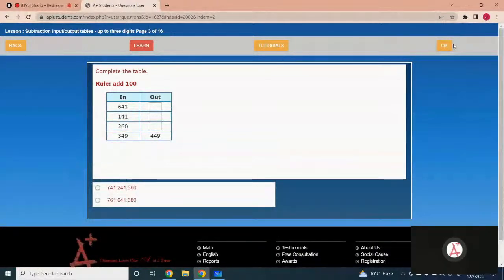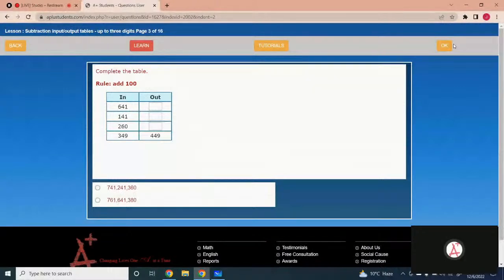Okay, which option is the correct one? Again, you have to add 100. 641 plus 100 equals 741. Got it? Then 141 plus 100 is 241. 260 plus 100 is, very good, 360.